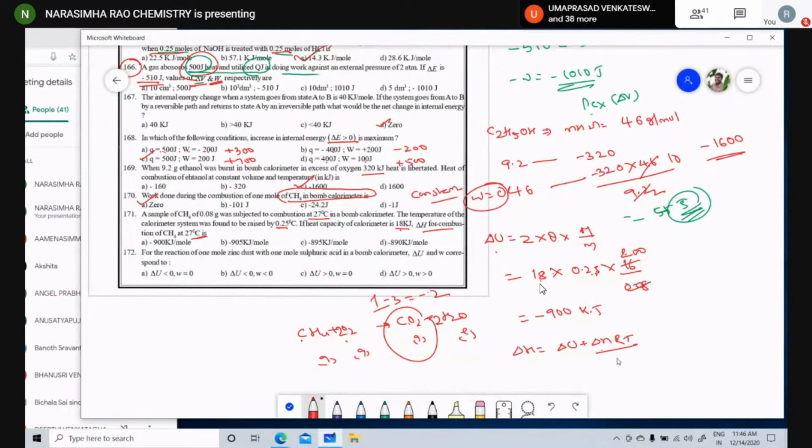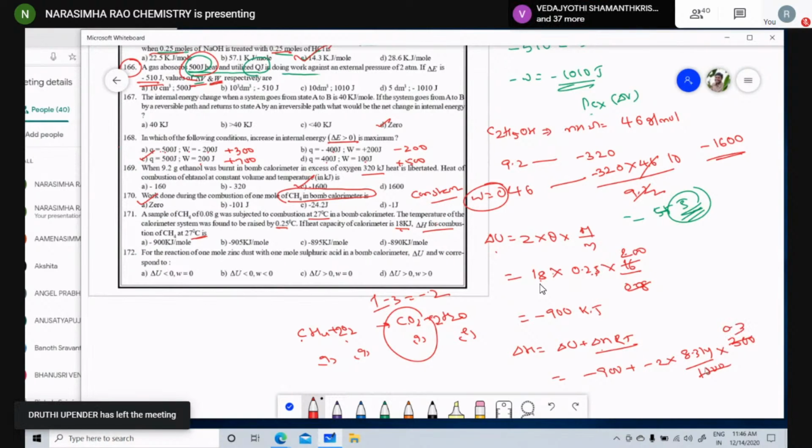Delta n is minus 2. So this is minus 900 plus minus 2 into 8.314 by 1000 into 300. The multiplication is almost 6.9.